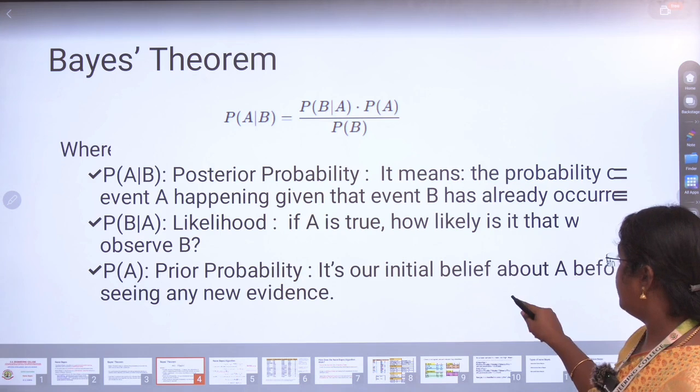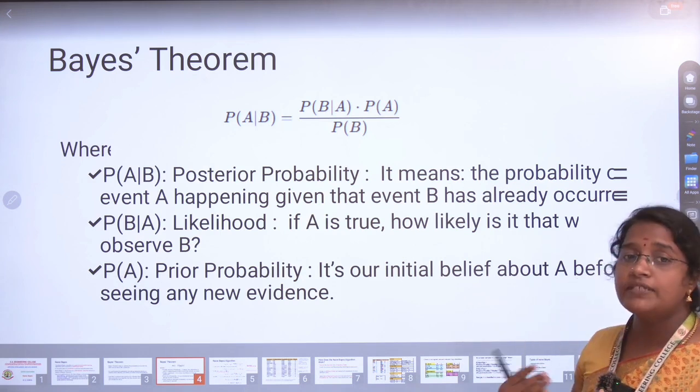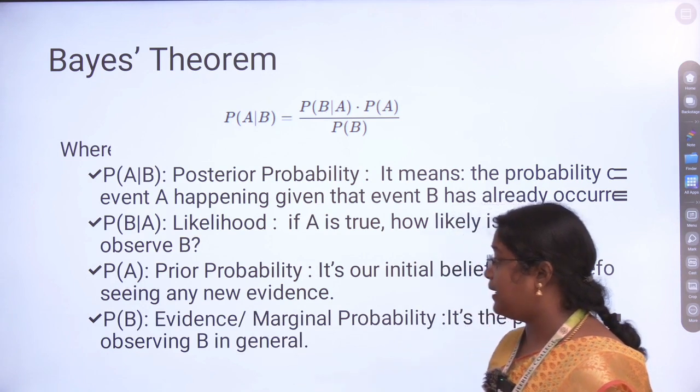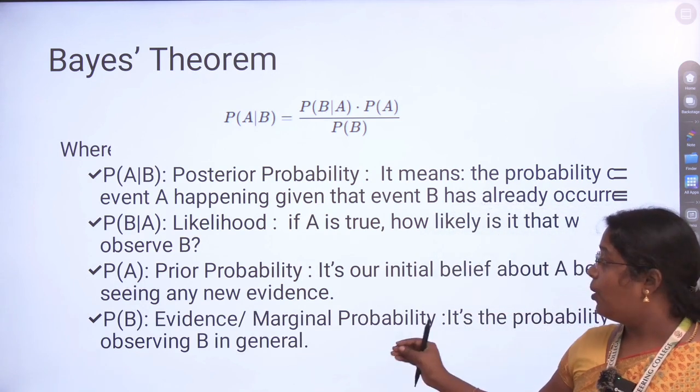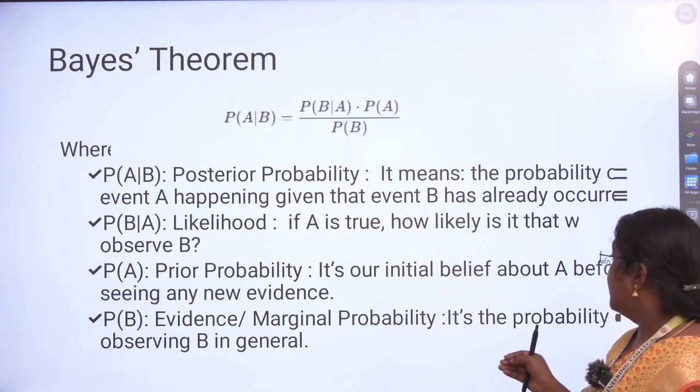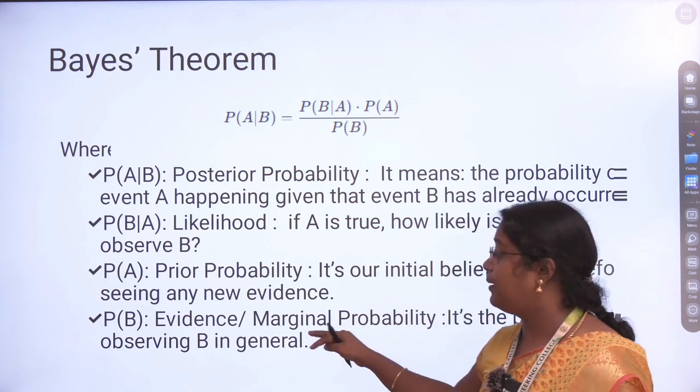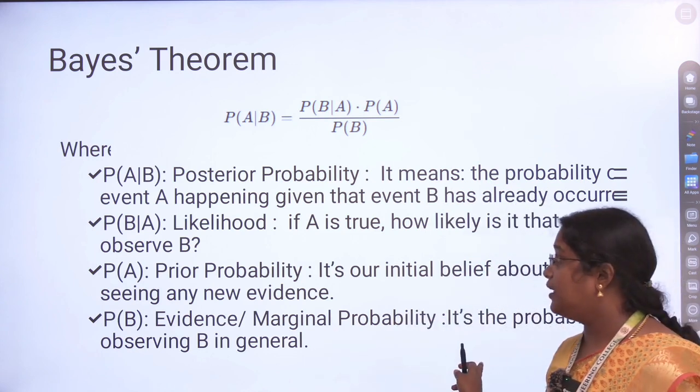It is our initial belief about A before seeing any evidence. And the last term is the probability of B. It is called the evidence or the marginal probability. It is the probability of observing B in general, which we already know.